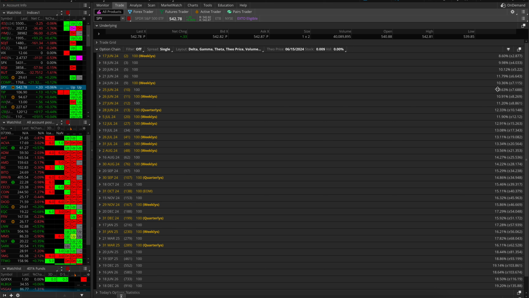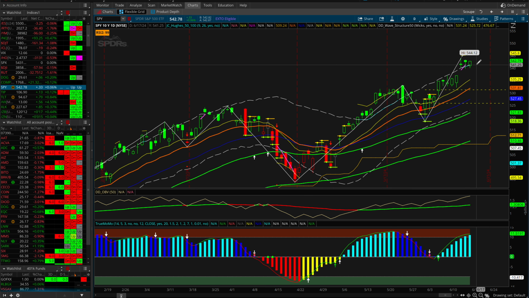That's giving you the expected range of what that market's going to do. So let's act like we're going to go 7 points plus or minus from 545 or from 542. That isn't that high, plus or minus, in the next 10 days. So that's pretty wild that volatility is expected to be generally in a tight range.